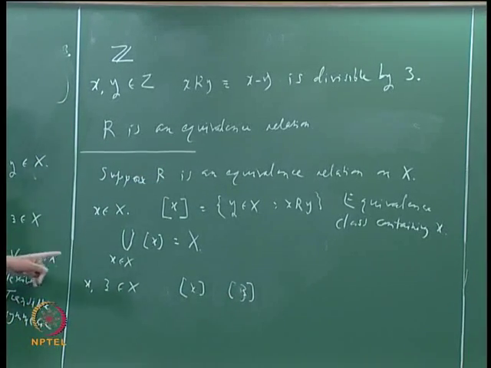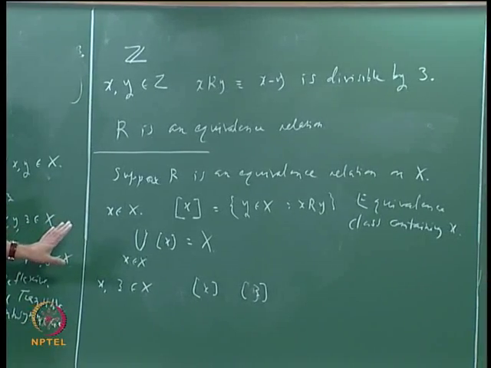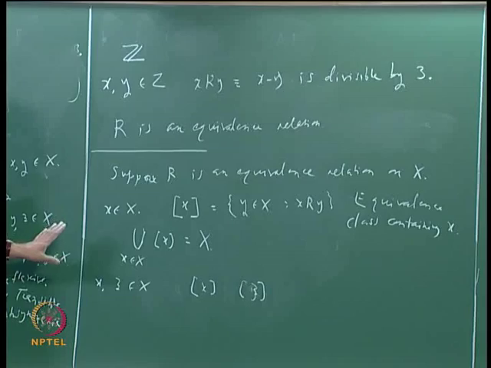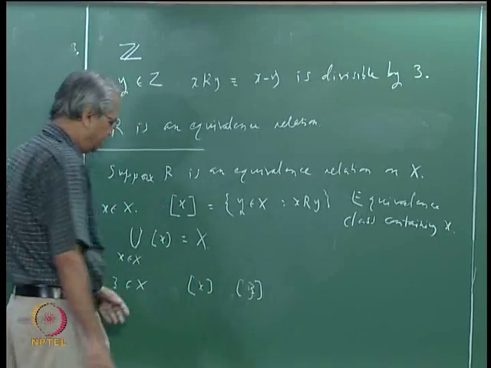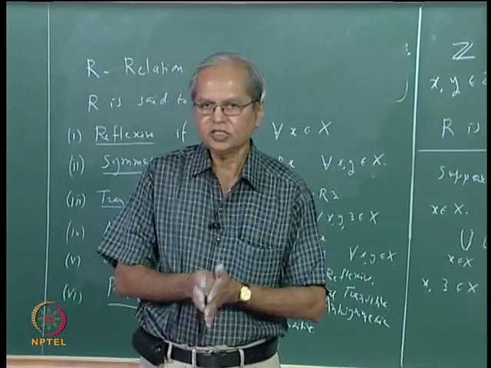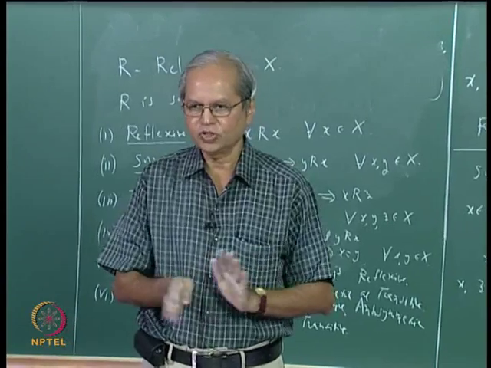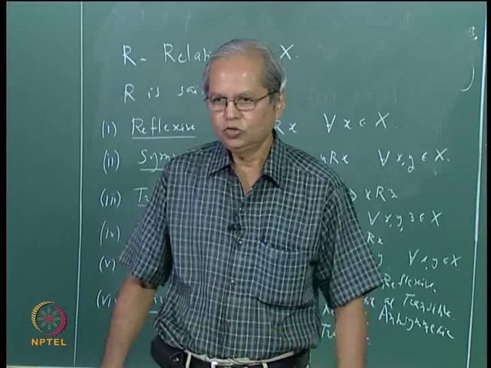The point is this: either these two classes are the same or they are disjoint. Either these two classes are the same or they are disjoint. Or what is the way of saying that? It is basically the same as saying that if the intersection is non-empty, then the two classes must coincide.